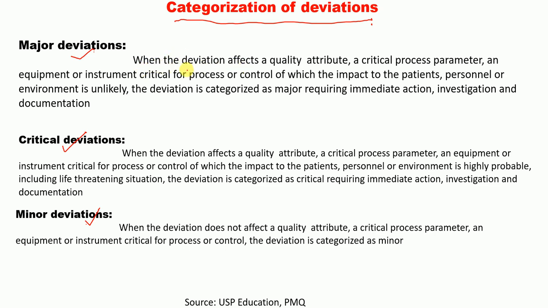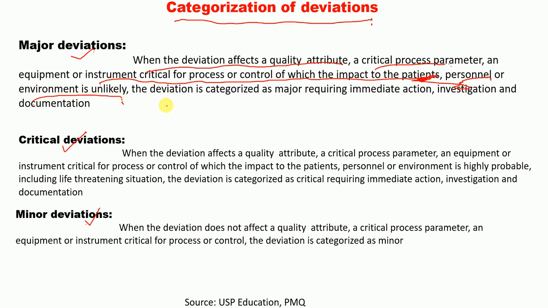A major deviation is a deviation that affects a quality attribute or critical process parameter, an equipment or instrument critical for process control, of which the impact to the patients, personnel or environment is unlikely.